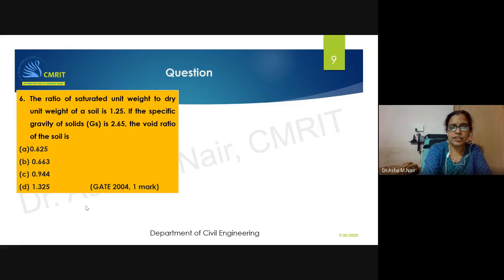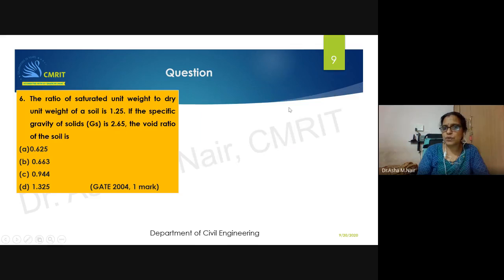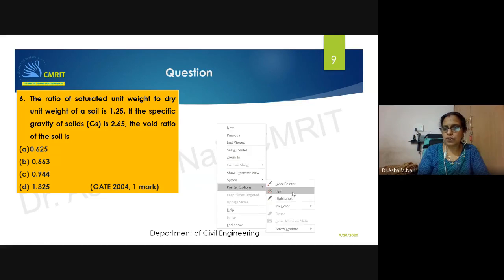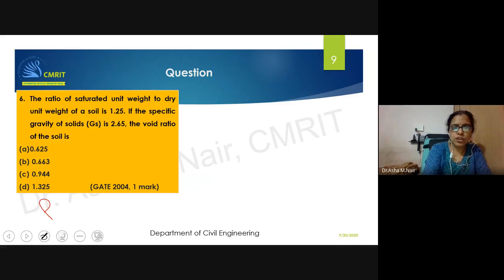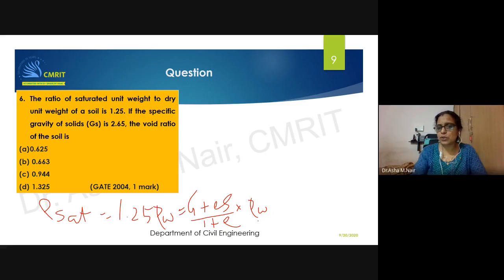You are given that rho sat divided by rho d is 1.25, and you are asked to find the void ratio. How do you get this? You know the expression for rho sat, wherein S is equal to 1, into rho w. From this, you will be able to find the value for e.